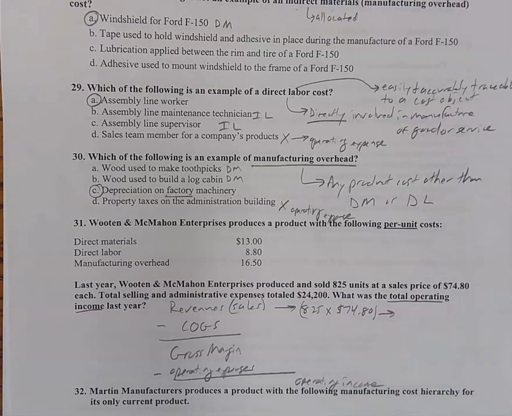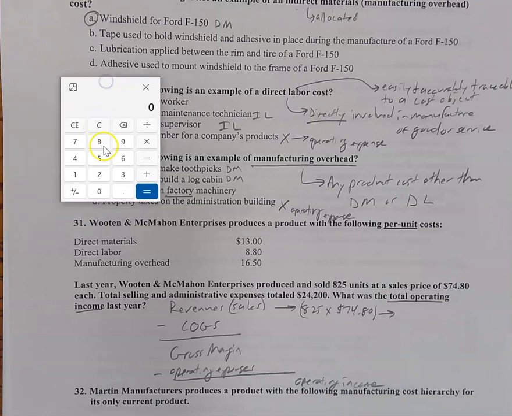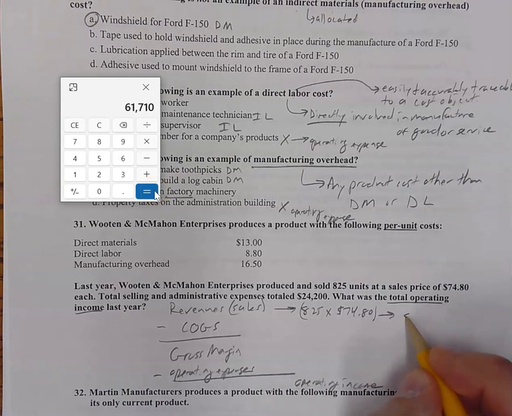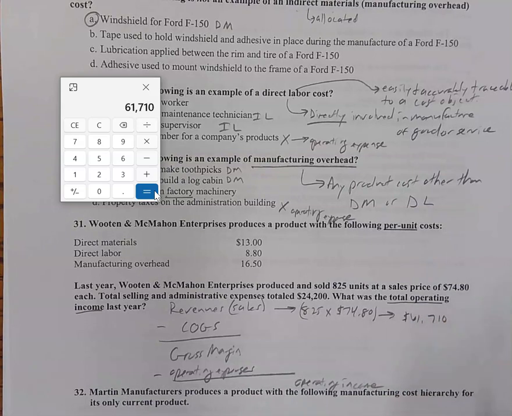And I have no idea what that is, so we'll bring the calculator over here. 825 units sold at a sales price of $74.80 each gives us $61,710 in revenues.